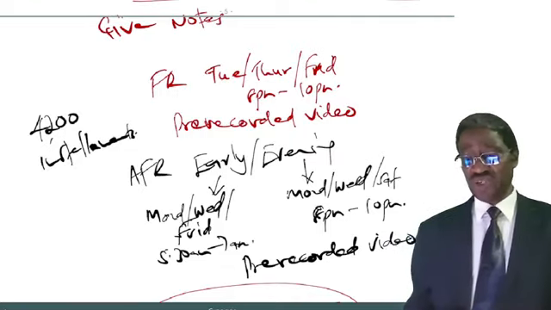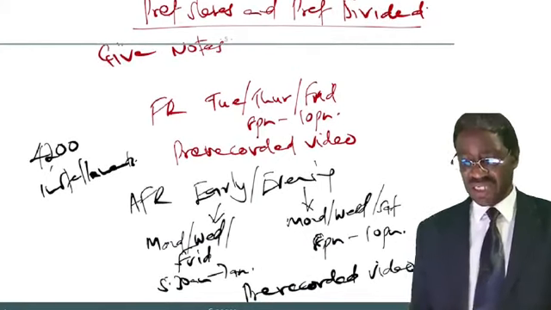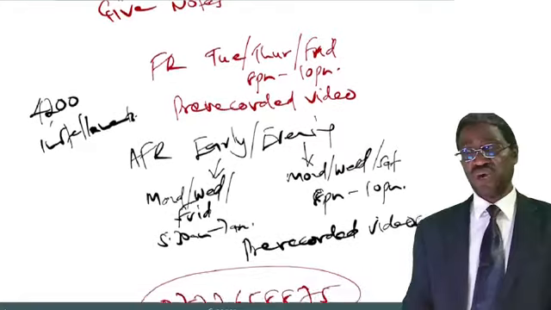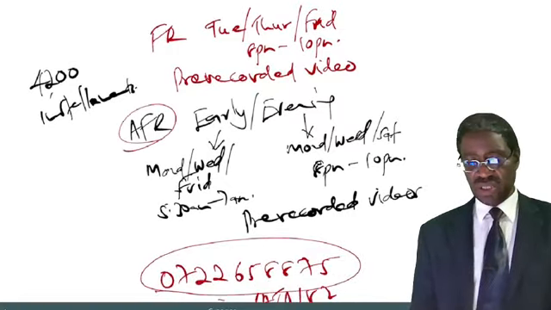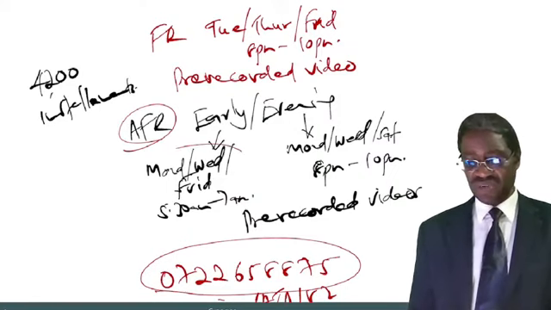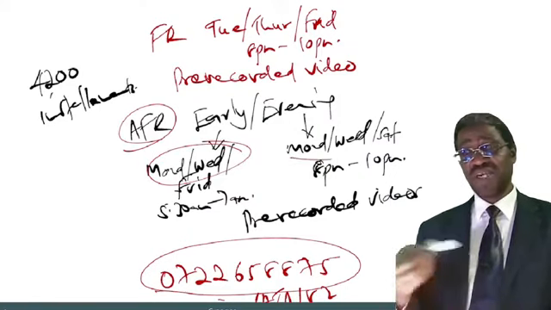You tell your friends who are doing financial reporting, our live classes are Tuesday, Thursday, and Friday. For those who are doing advanced financial reporting, tell them we have either early morning or evening classes. The timings for the early mornings are 5:30 to 7, Monday, Wednesday, and Friday.